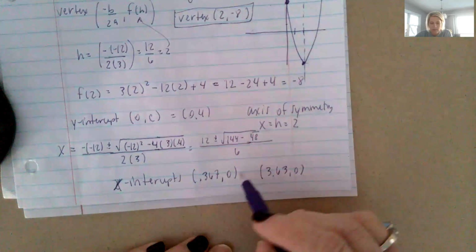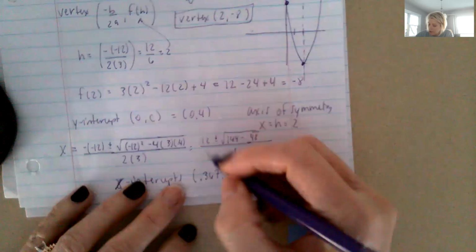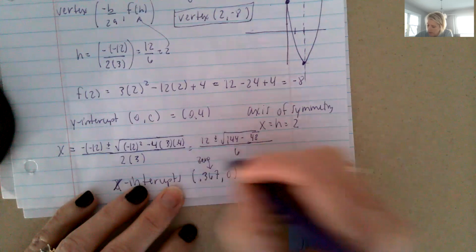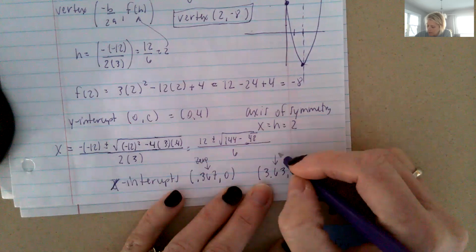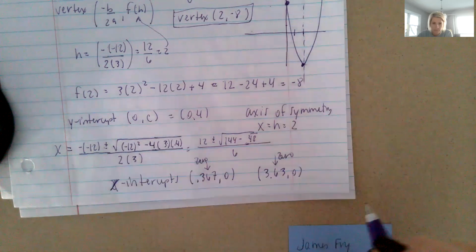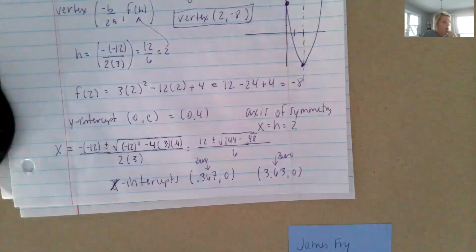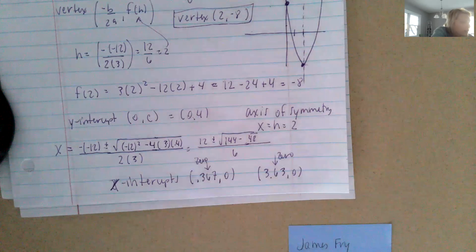Those are our x-intercepts. Now our zeros are just the x values where y is 0. So that is all I have there.